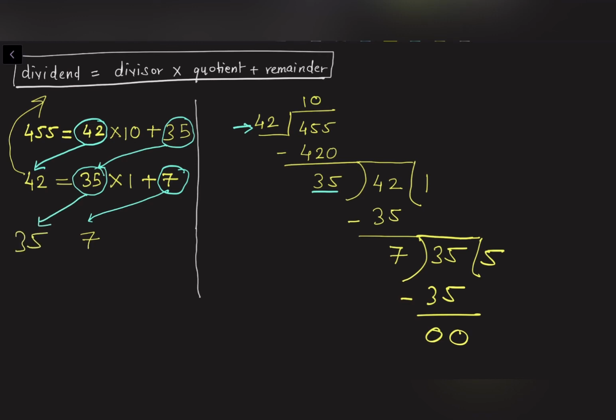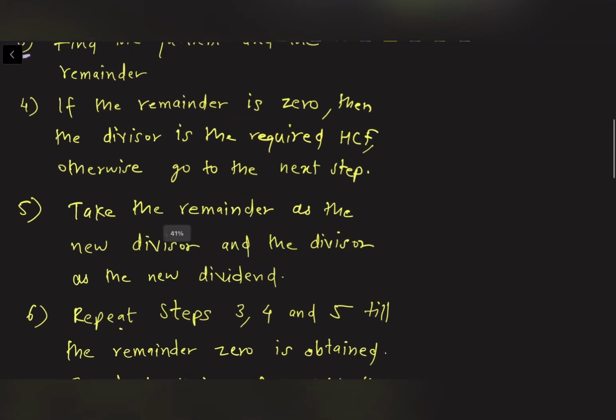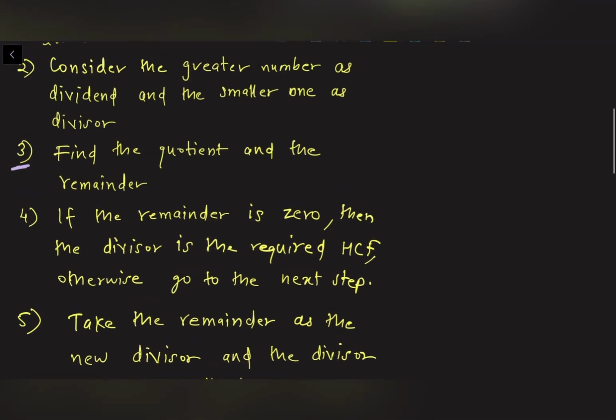35, right? 35 into 5 plus 0. Okay, so now see, we are getting remainder 0, right? So see the steps. If the remainder is 0, then the divisor is the required HCF.